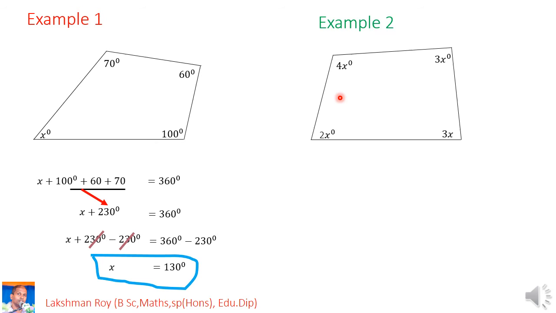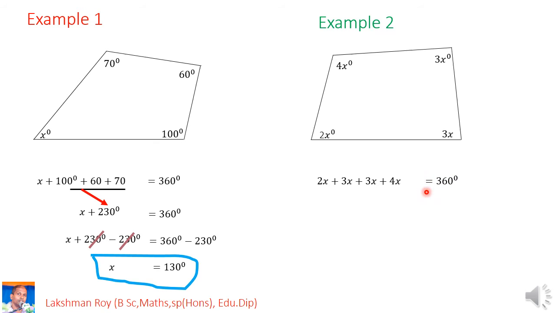We can write the sum. Let's write the sum: 2x plus 3x plus 3x plus 4x. So if you add those four angles in a quadrilateral, that is equal to 360 degrees.